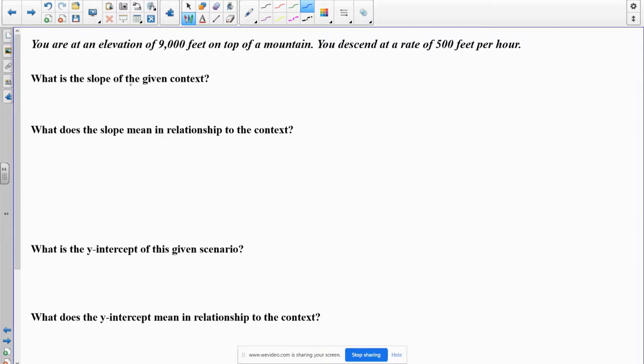So when you look for the idea of slope, in this first question, again, you're going to look for the word per or each. In this case, I can read it right here, 500 feet per hour. So 500 over 1 is your slope. And that first question is just, what is it mathematically?